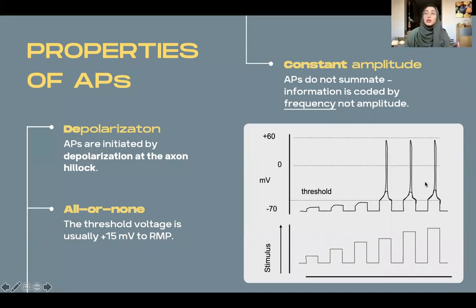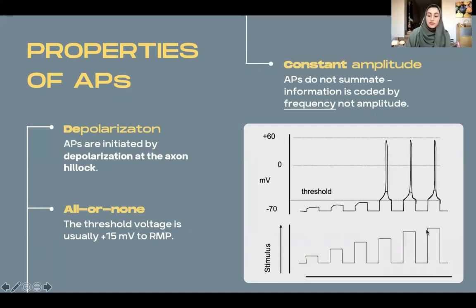So how can the body tell the difference between a lot of action potentials happening and a lot fewer action potentials happening? Or in other words, how can the body tell me that the stimulus is much stronger? The way it does that is by the frequency of action potentials.